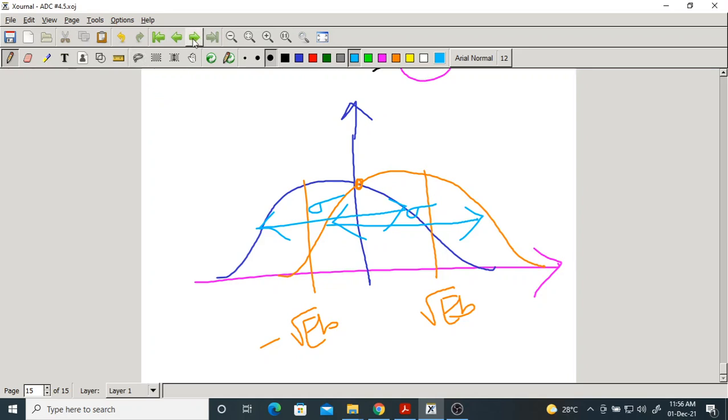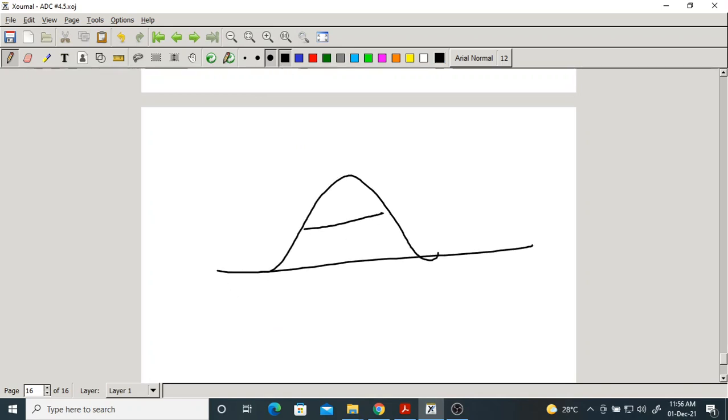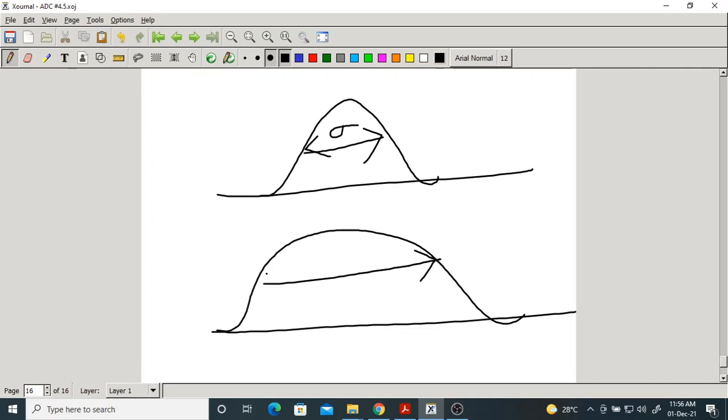Variance indicates deviation, right? I told you already, suppose I draw the curve. If the variance is different, you may have different width. If it is sigma 1, it is sigma 2; sigma 2 is more than sigma 1.